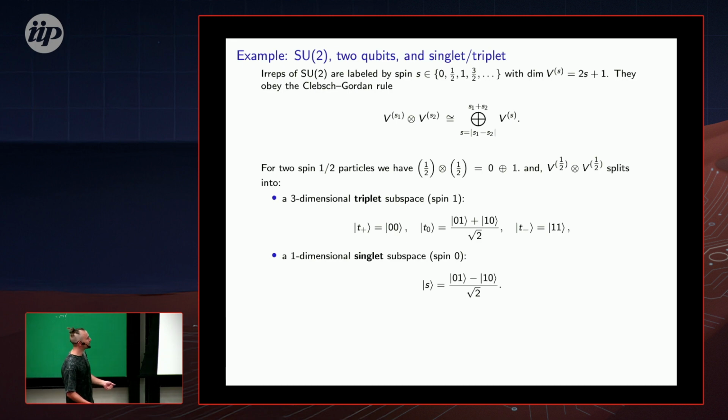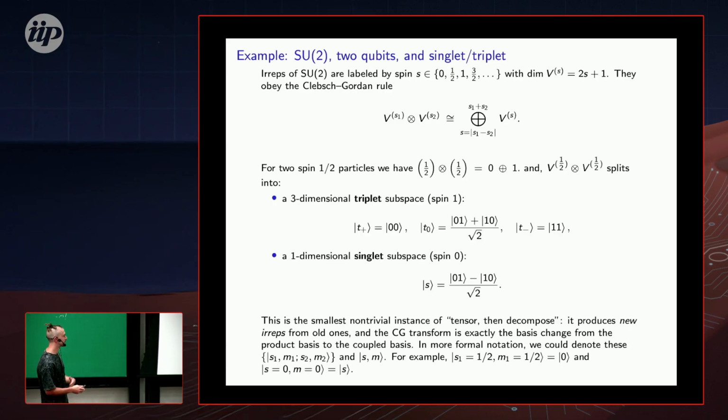In particular, if we take s1 and s2 to be 1/2, this is coupled to 0 and to 1. These 0 and 1 are irreps in the coupled basis. The 0 is a singlet, a one-dimensional subspace. The spin 1 is a three-dimensional triplet, and so on. This is just an example of the previous slide, where I was explaining how when you tensor irreps, you get new irreps. Here you tensor two spin 1/2s, and you get a 0 and a 1. These are new irreps.